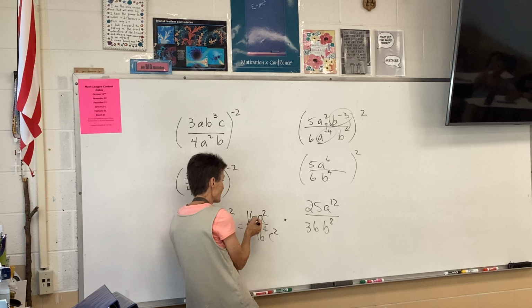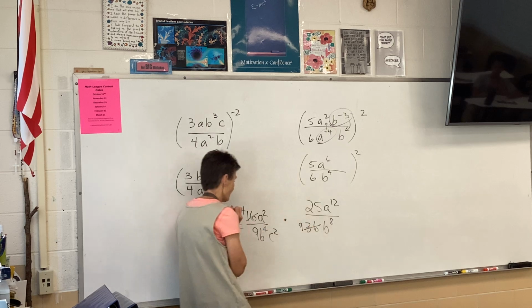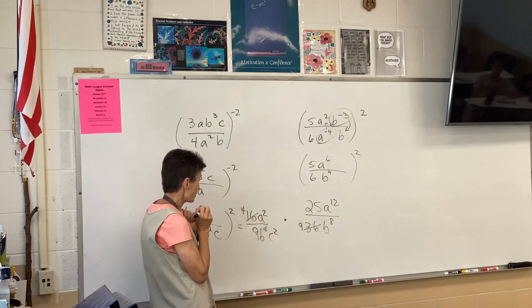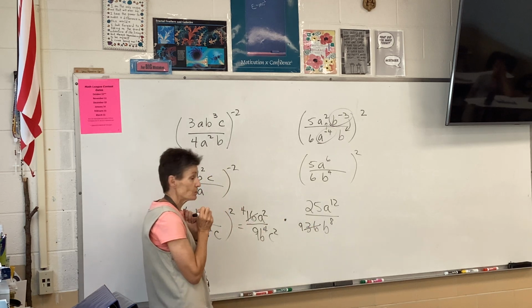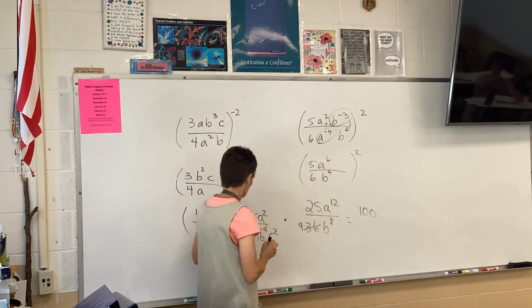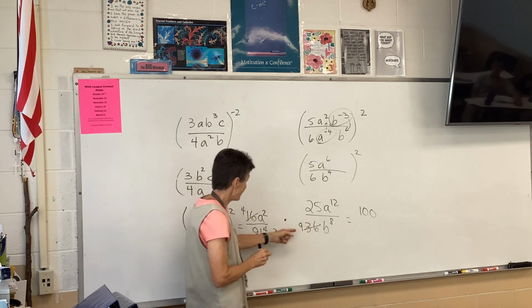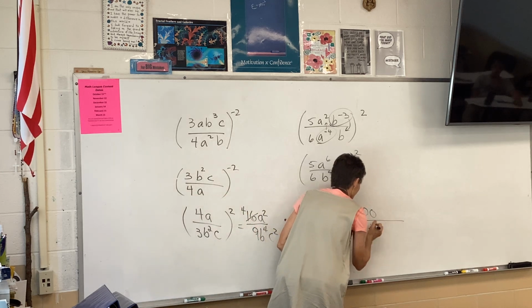So I know I can take a 4 out of here and a 4 out of here. And that might actually be all I can do. So on top I'm going to have 100, 4 times 25. On the bottom I'm going to have 81.